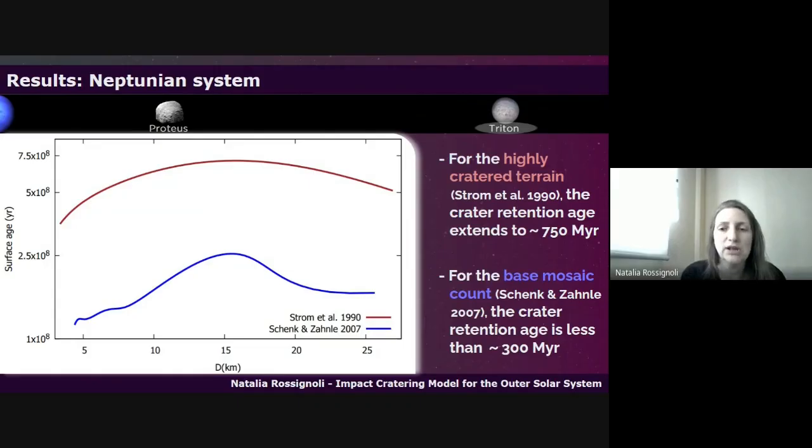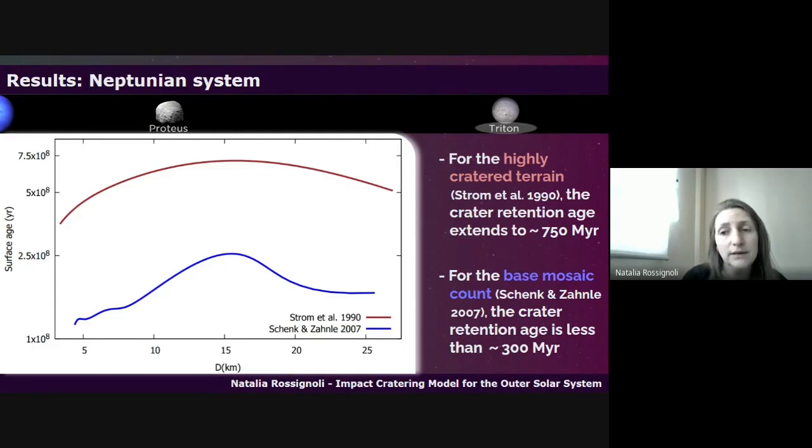Essentially, given its current orbit, its surface represents the crater rates for that current orbit over the last 300 million years. If Triton was in its current orbit before that time, it was suffering global resurfacing processes, and the surface was melted multiple times and all the craters erased.